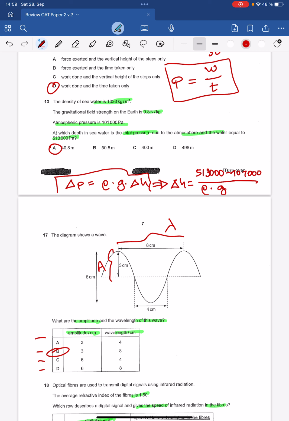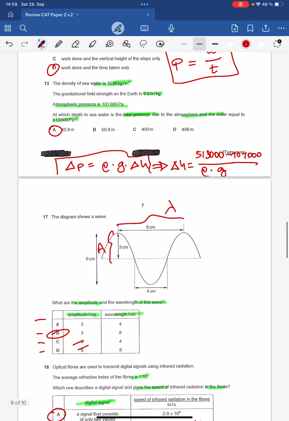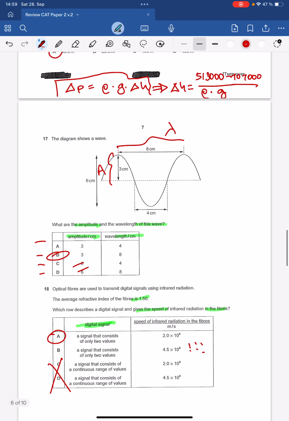So I can already cross out C and D. And then of course they give you the tricky part, hoping you fall into the trap: is it A, wavelength 4, or B, wavelength 8? The wavelength is the distance between two consecutive crests or troughs, so the wavelength is 8, therefore the correct answer is B.